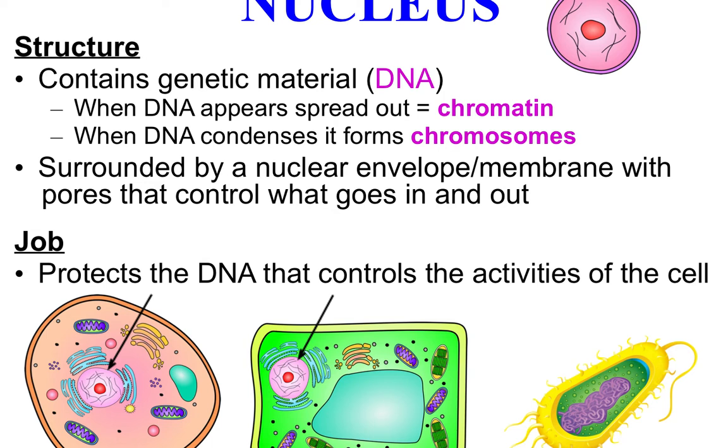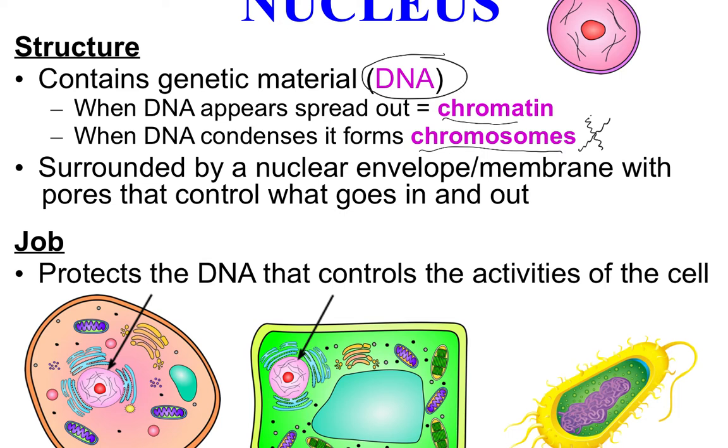Now the nucleus contains the genetic material inside. We're going to refer to our genetic material here as DNA, in pink. When DNA appears spread out, we call it chromatin, and when it's condensed and forms that very well-known shape, kind of looking like this, we call it chromosomes.